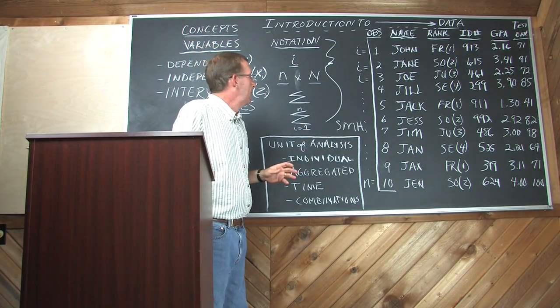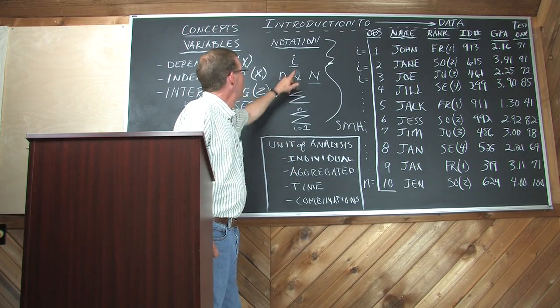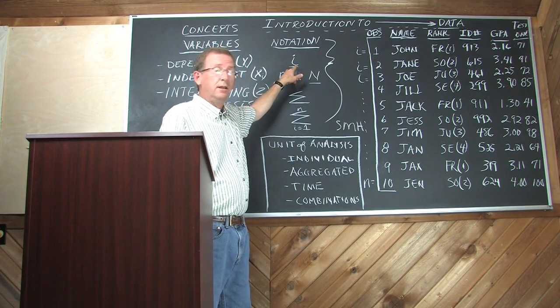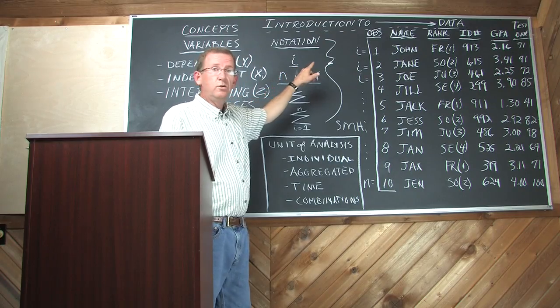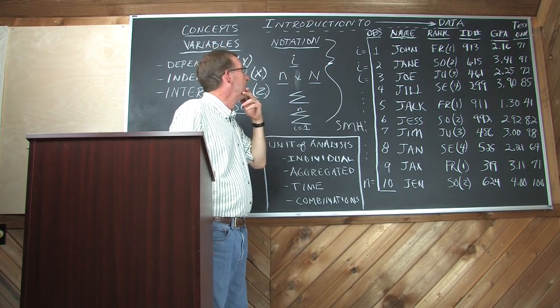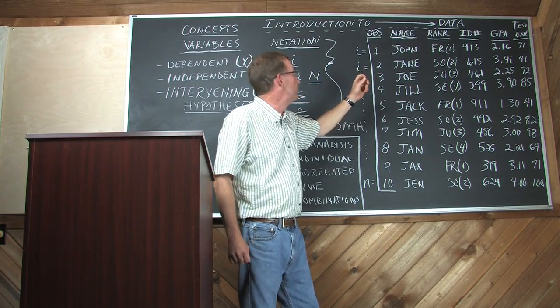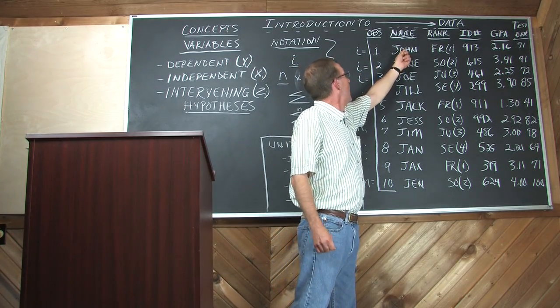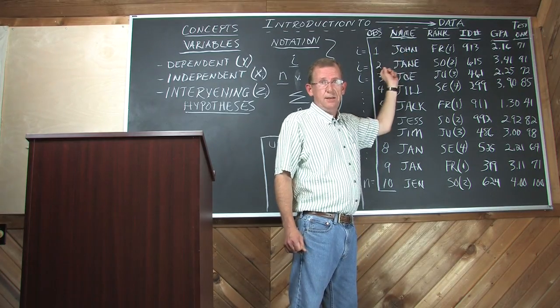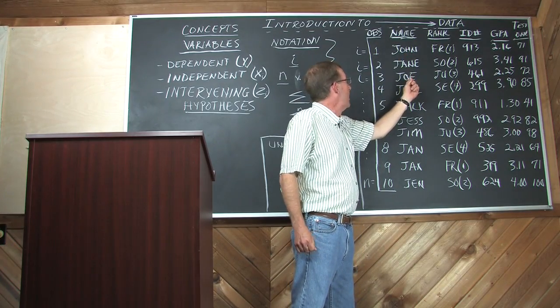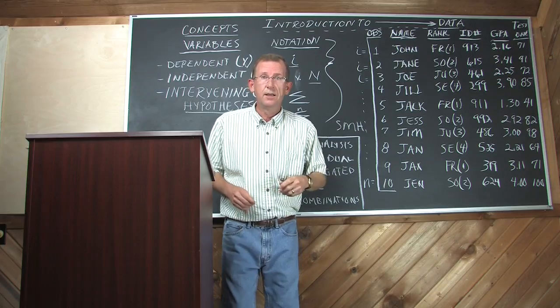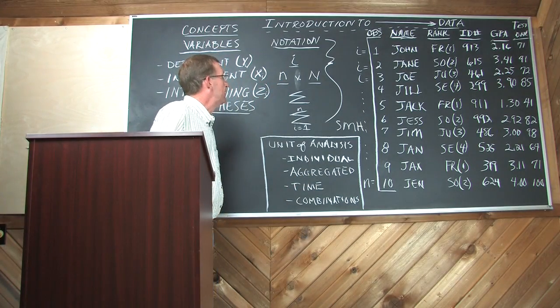First thing I want to talk about is the subscript, lowercase letter i. This simply refers to an observation. i refers to a specific datum. i equals 1 is John. i equals 2 is Jane. i equals 3 is Joe, and so forth.